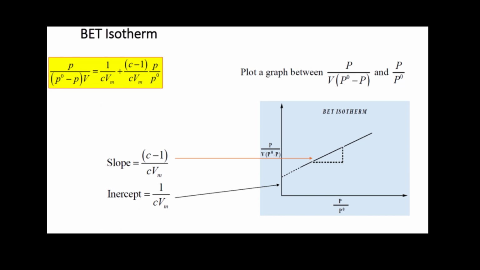So if we plot a graph with P by V into (P0 minus P) against P by P0, we get a straight line, and the slope of this straight line will be equal to (C minus 1) divided by C Vm. Extrapolating this plot to x equal to 0, we get the intercept 1 by C Vm. So this is the BET equation and BET isotherm.